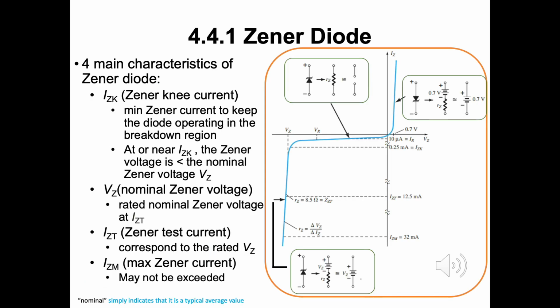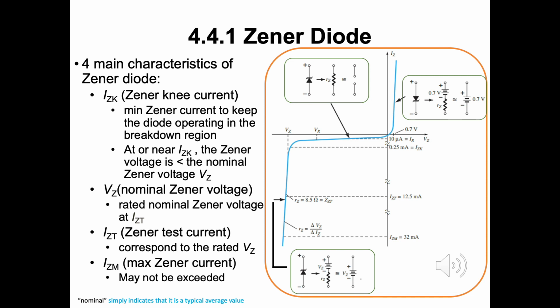Four main characteristics of the Zener diode will be explained using the figure on the right side. IZK, or the Zener knee current, is the minimum Zener current which is essential to keep the diode operating in the breakdown region. At or near IZK, the Zener voltage is less than the nominal Zener voltage Vz.